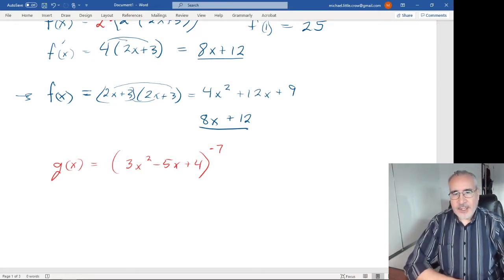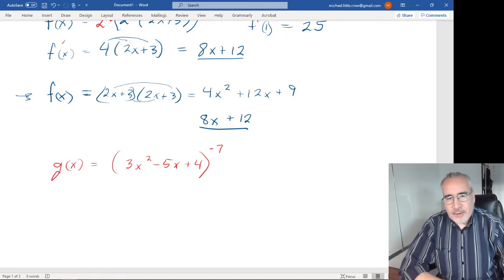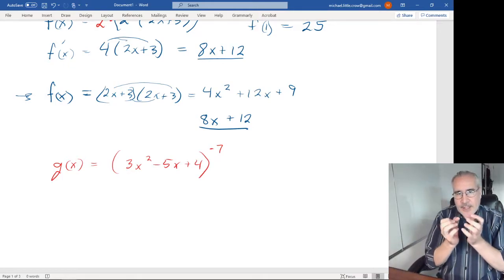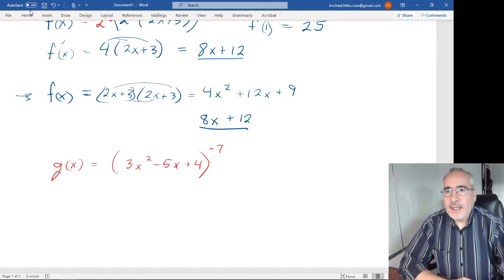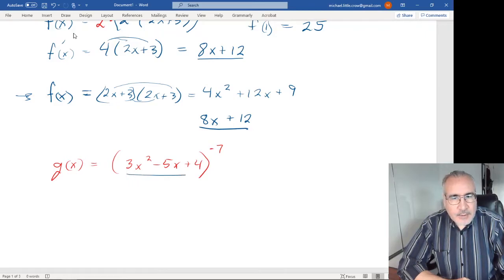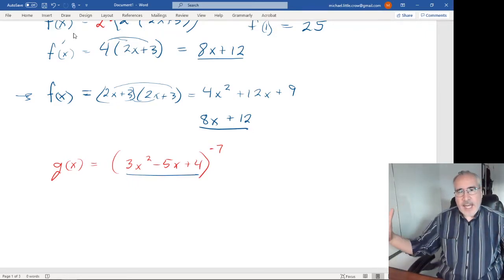Now, try to get this out of the parentheses. No way. You could write this as 1 over, but what I'm going to show you is the beauty of taking this chain rule. We do it in steps. Okay, so the way we go about doing this, let's switch a color, is I'm going to first take the derivative of the inside, because that's how we process functions. We go from the inside out.